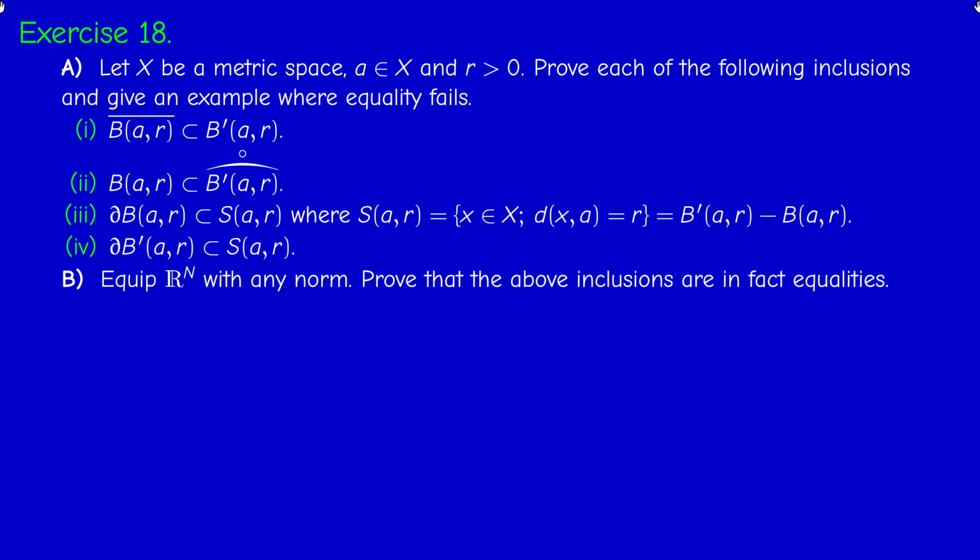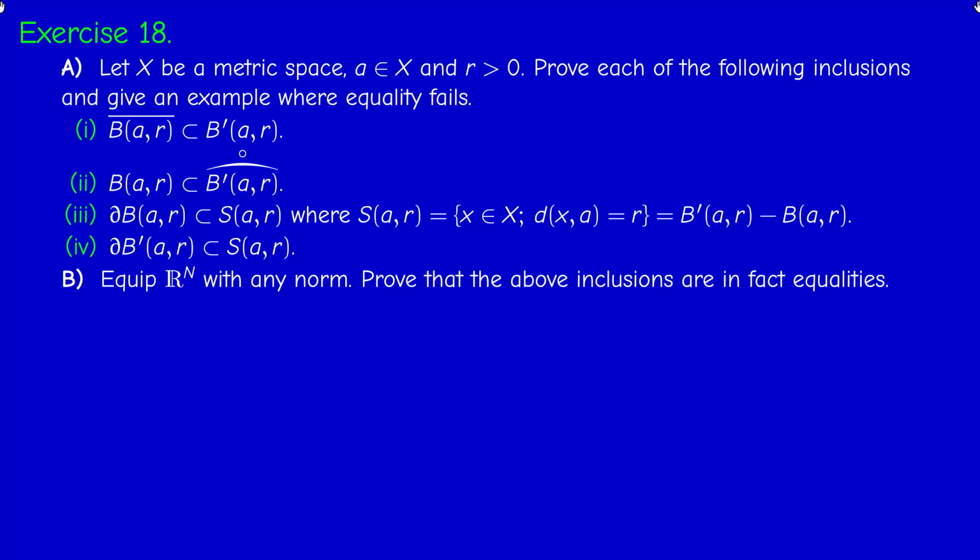The boundary of the open ball is contained in the sphere of center A and radius R, which is by definition the set of all elements of the space whose distance to the center is exactly equal to the radius. So it's the closed ball without the open ball. And same thing, the boundary of the closed ball is also included in the sphere.